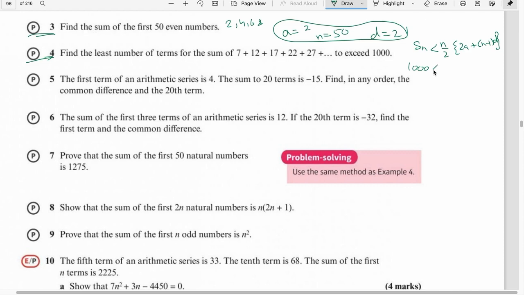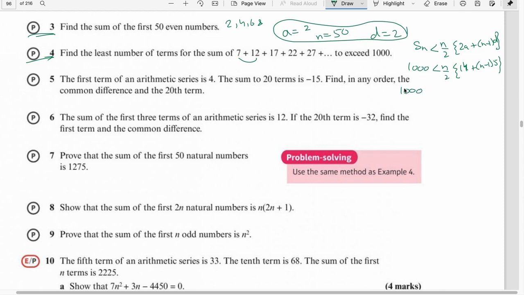This is 1000. n is unknown. We can see that the first term is 7. So 7 2 times is 14. n is again unknown. And the difference between these two is 5. So we can simplify this inequality to get the value of n, where the sum would exceed 1000.